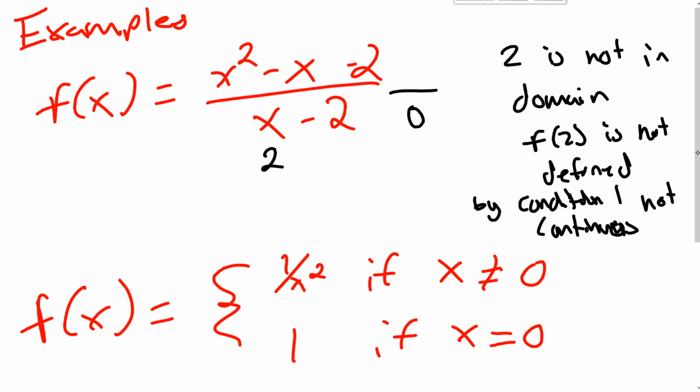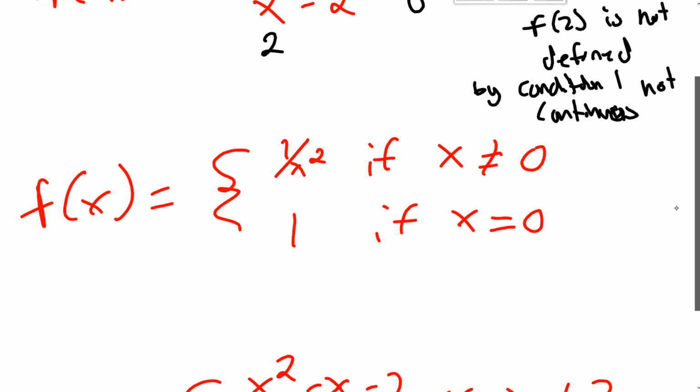Here's another example. We have a piecewise function, where you have two different equations. As long as x is not 0, you follow one equation. If x is 0, then you have 1. So if x is 0, then you have this point, and all else follows the other equation.